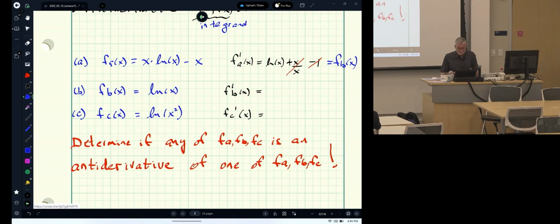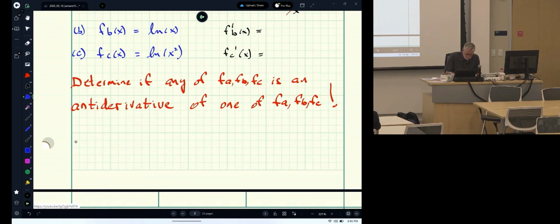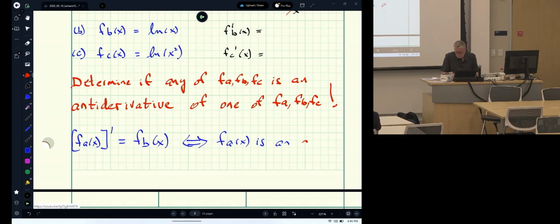So, okay, so we have f a of x prime equals f b of x, and that's if and only if f a of x is an antiderivative of f b.